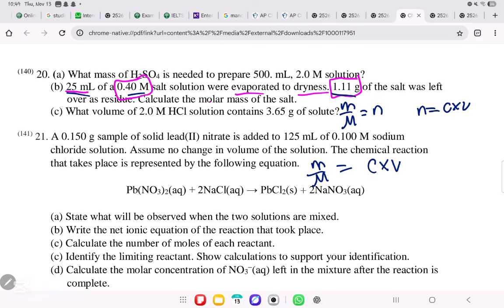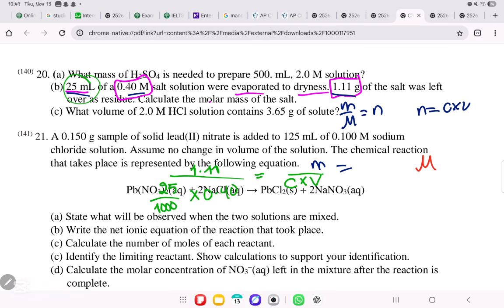Now I need my subject to be the molar mass, so I could move it here, right? So now I would have mass is equal to concentration times volume times molar mass, and then I could move these, and now I would have molar mass is equal to the mass over the concentration times the volume. So the mass, which is 1.11 gram, over 25 divided by 1000 liters, multiplied by 0.40 molarity.